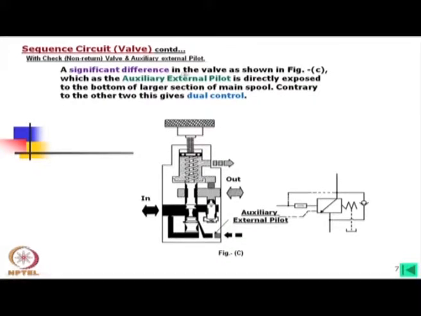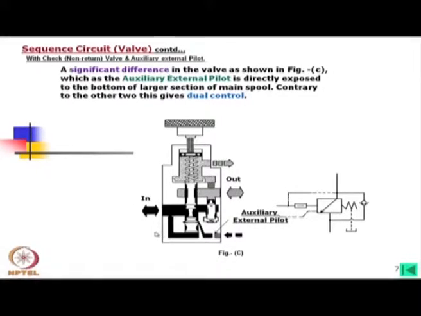A significant difference in the valve as shown in this figure, which has the auxiliary external pilot, is directly exposed to the bottom of the larger section of main valve. Okay. Contrary to other two, this gives dual control. We get dual control.